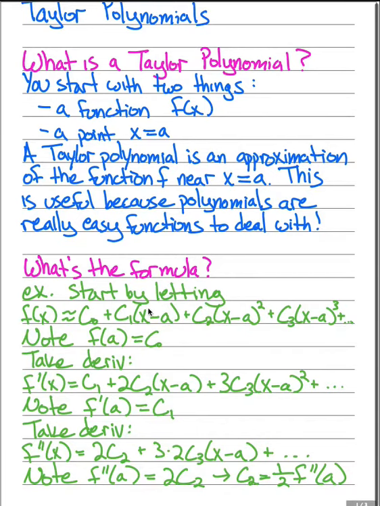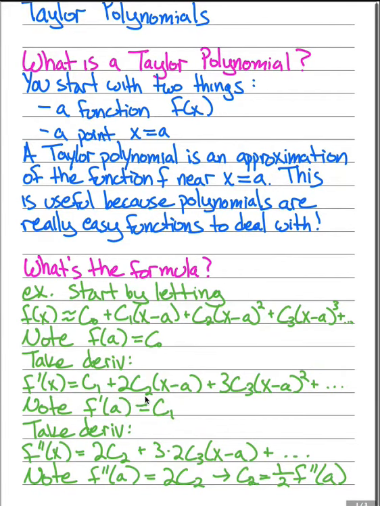What are these other coefficients, c1, c2, and c3? We're going to figure out by taking derivatives. So I differentiate each side. I get f prime of x equals c1 plus 2c2 times (x minus a) plus 3c3 times (x minus a) squared, and so on. I plug in a, and all these terms go away, and I'm left with c1.